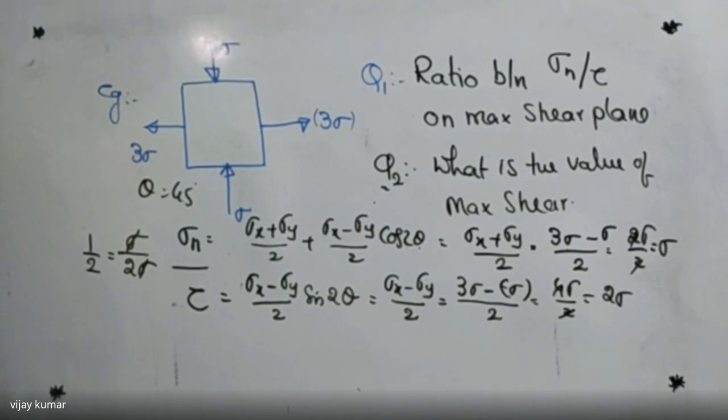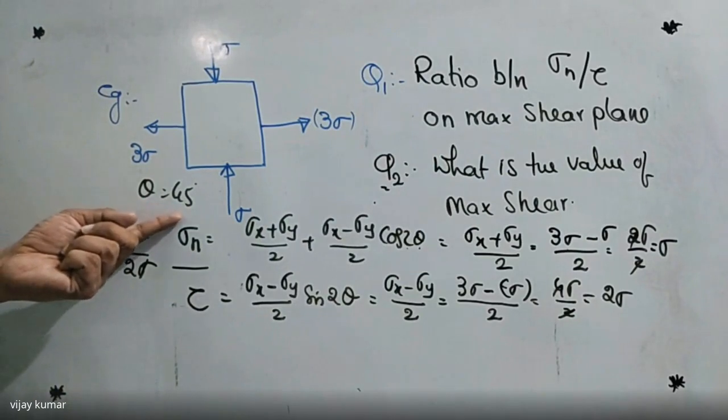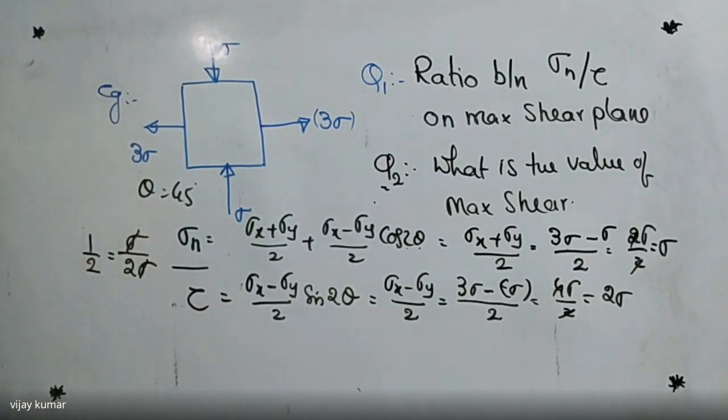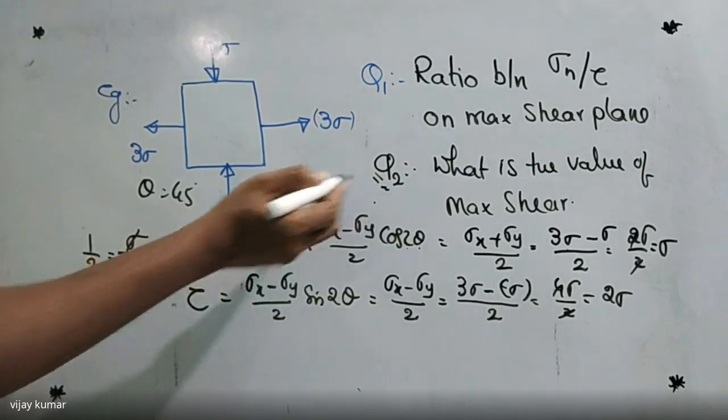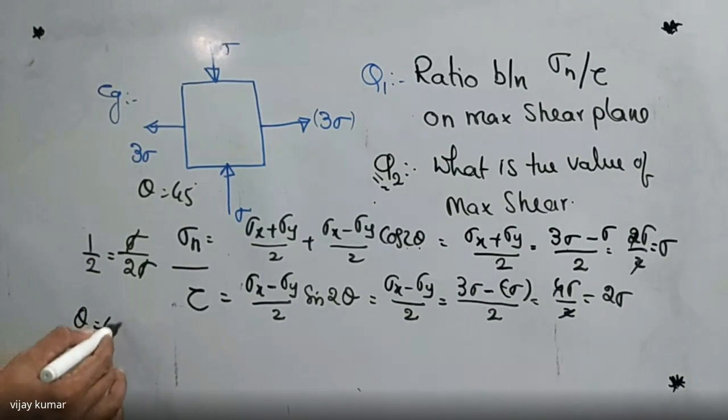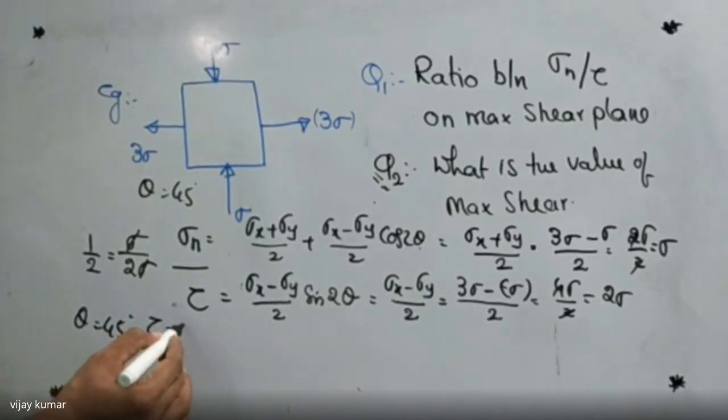And at the same time, what is the value of maximum shear here? The shear is maximum when theta is equal to how much? 45. So now tell me, what is the answer for this question? When theta is equal to 45 degrees, tau must be equal to tau maximum.